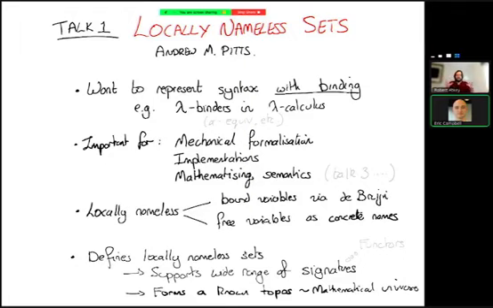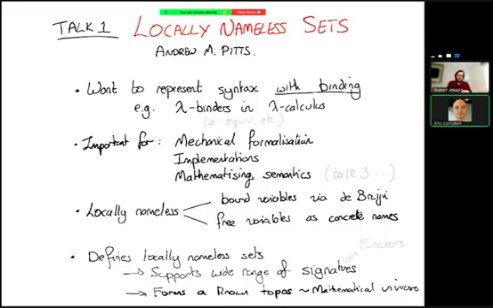And in the talk, he's going to define locally nameless sets. So that's a generalization of a concrete data structure to just what does it mean for a collection of things to be locally nameless. And it turns out this supports a wide range of signatures, as we saw before, and so you can encode a wide range of syntaxes in this. And also, intriguingly, forms a known topos.